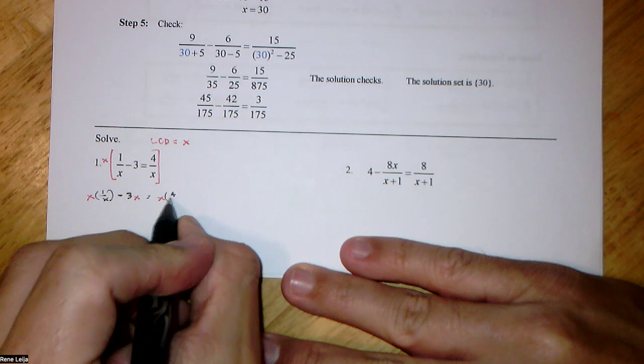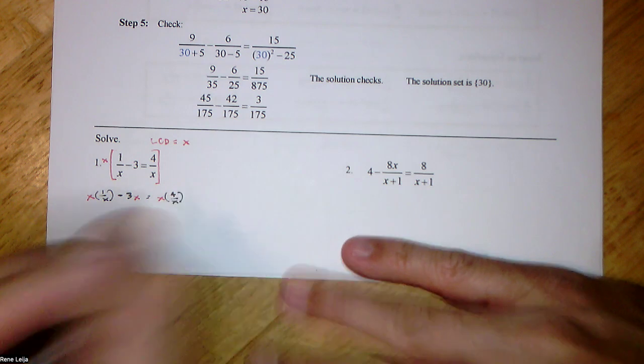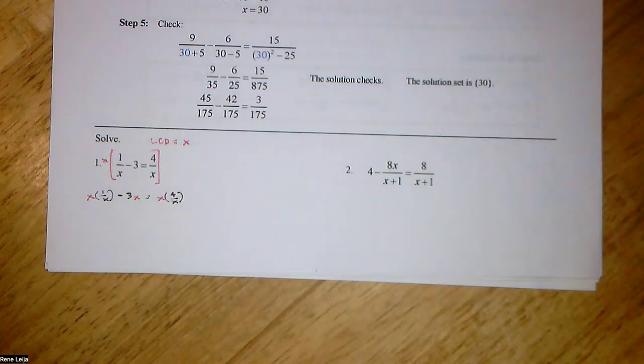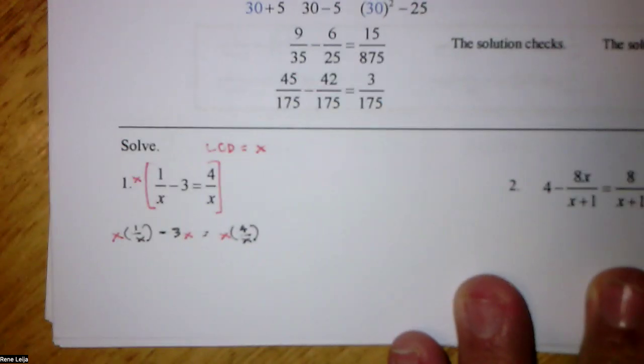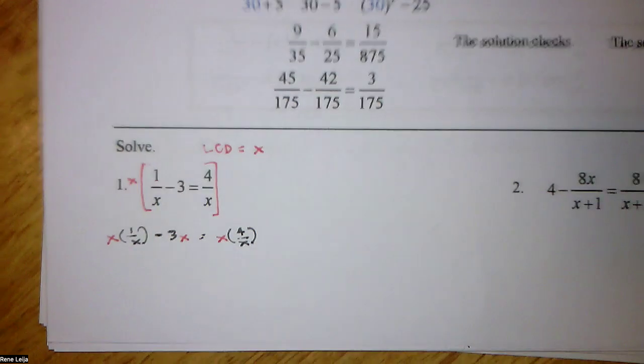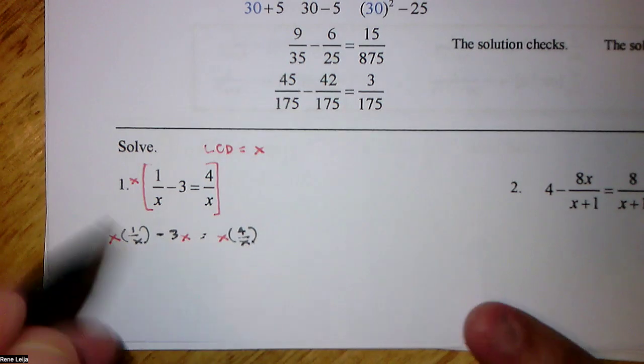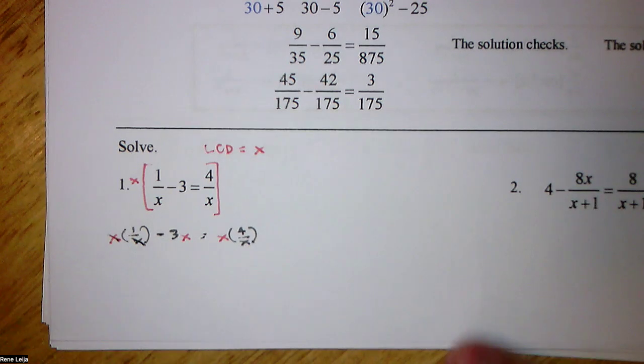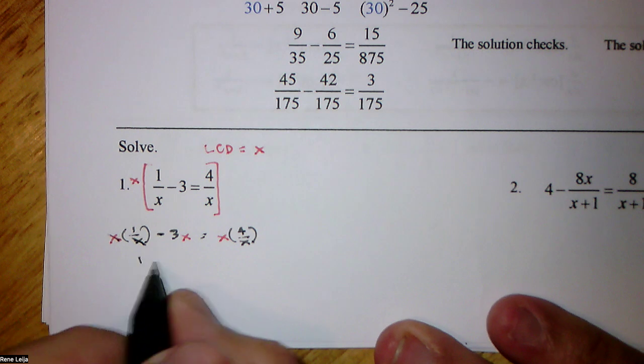Now, if we do this correctly, every time, no matter what your LCD is, then the denominator is going to go away. So here our x is reduced, so we're left with 1 minus.